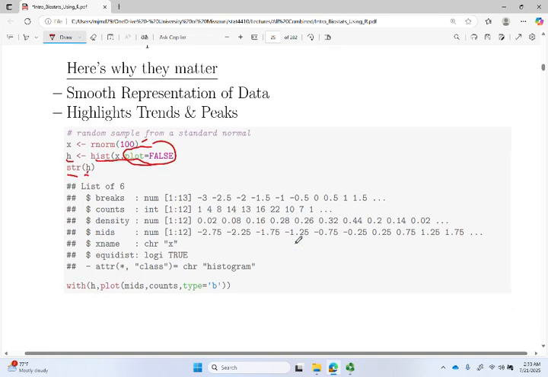So here it says this object H has 1, 2, 3, 4, 5, 6 different variables, and their breaks, counts, density. And so this is the interval in the histogram. And this is another interval, and this is another interval. And then these are the counts that are associated with being in those intervals.